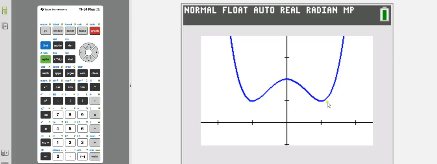So our graph supports our answers. Also notice that our horizontal tangents occur at a minimum and maximum. So if you were to use your calculator to find the horizontal tangents for polynomials, what you do is you find the minimum and maximum near that region, around that area.